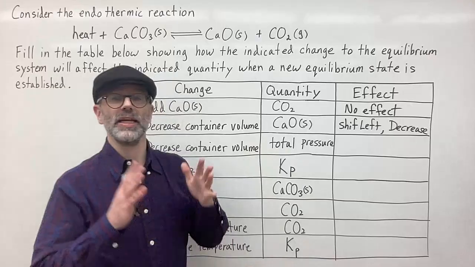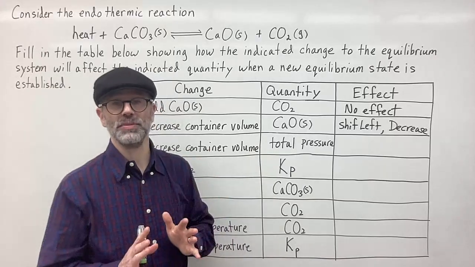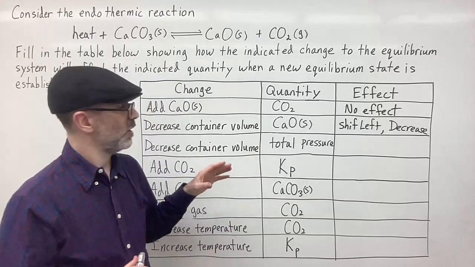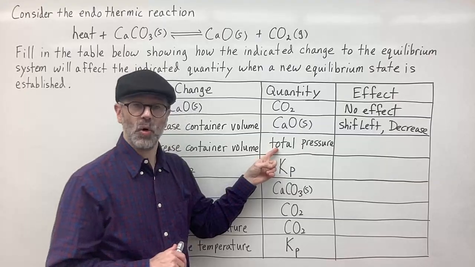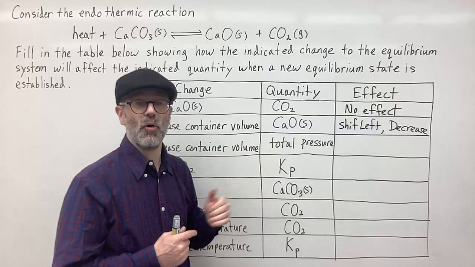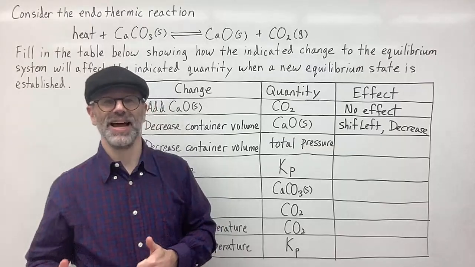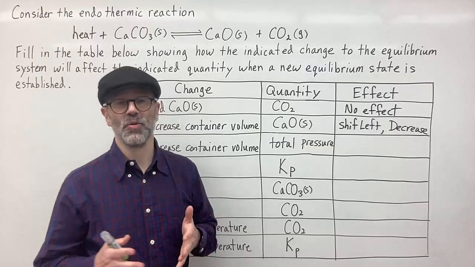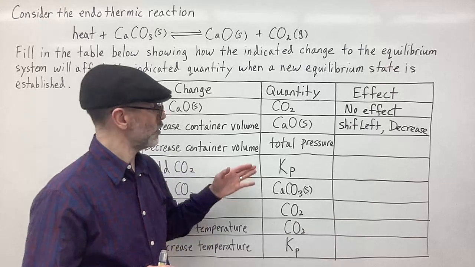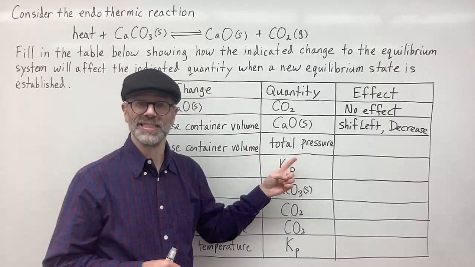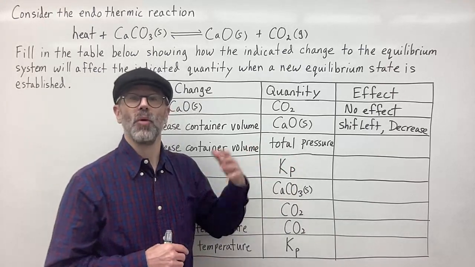So when you reach that new equilibrium state, the question is, will the total pressure be the way it was before? And the answer is no, because the shift can't ever go back exactly where it was before. So there's going to be some pressure still there from what you've added.